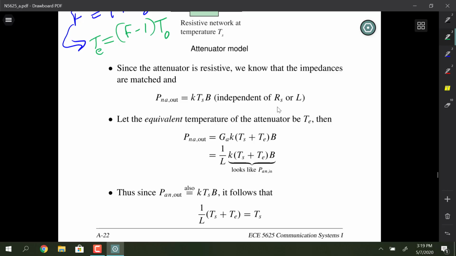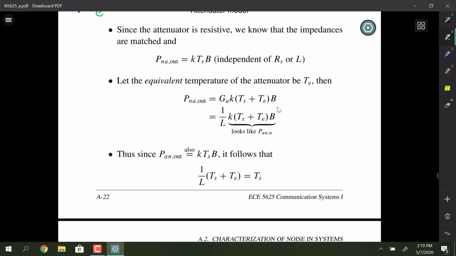But here's what's bad about the attenuator. If we look at what the attenuator is going to do, the effective noise temperature of the attenuator is, instead of having a gain GA, we actually have 1 over L for the attenuator. So L is the attenuation value, and if it attenuates by a factor of 2, L would be 2, and the gain would then be 1/2.